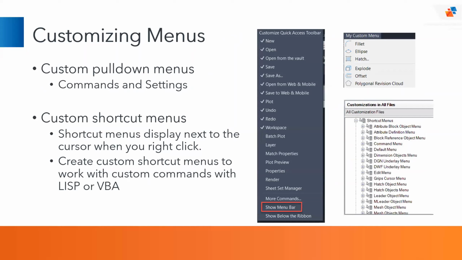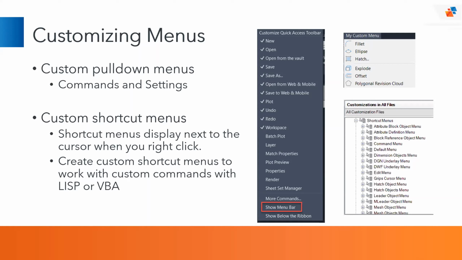When it comes to menus, we still have them. For the past 20 years or more, they had the pull-down menus in AutoCAD. If you are comfortable using the menus other than the ribbon, you could customize it. You could go with a similar idea of grouping them based on the company needs or requirements.